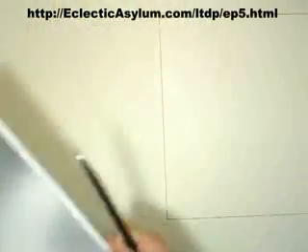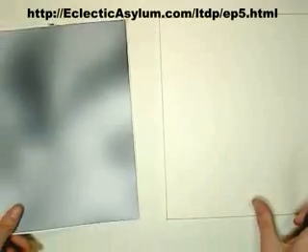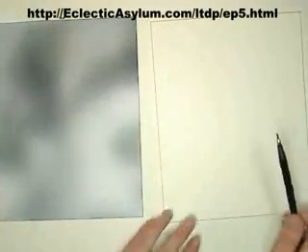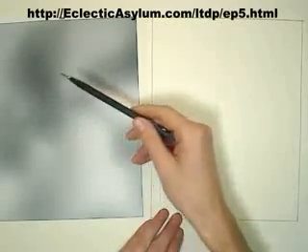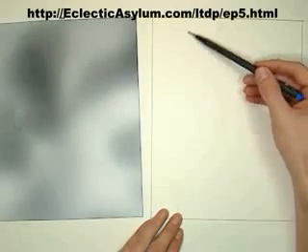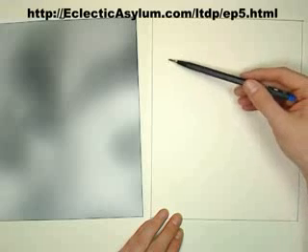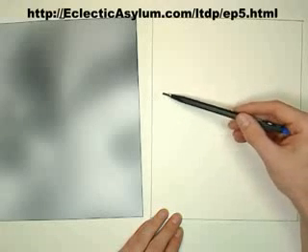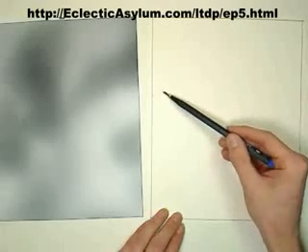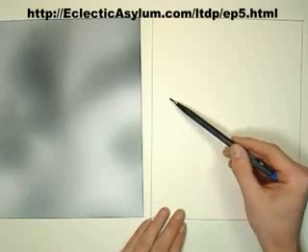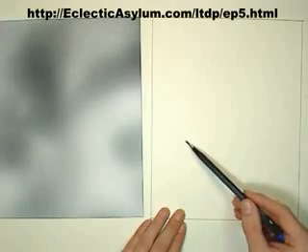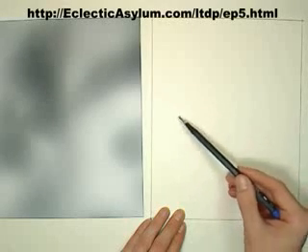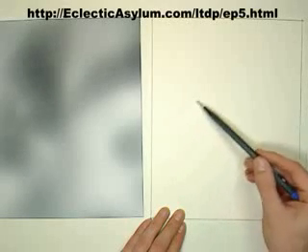So everything inside of here is either 5 or darker. So I'm just going to set this aside. Now, the reason we're getting a rough value here is that we want to start out lighter. So we can either just sketch in this shape, or you could just start shading it in.